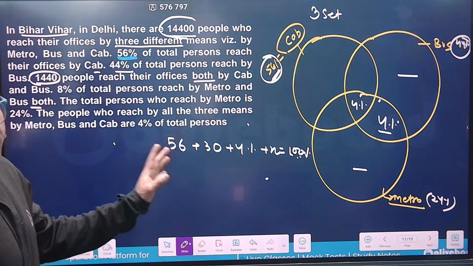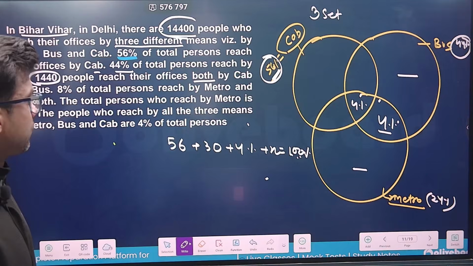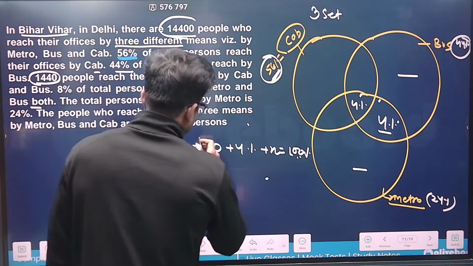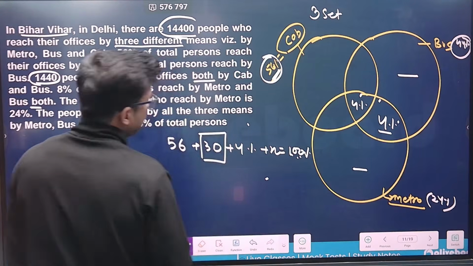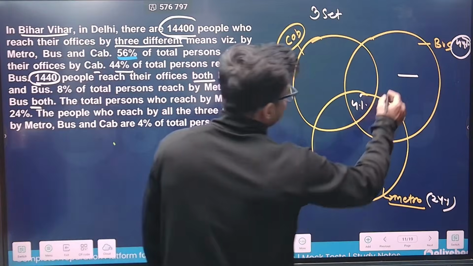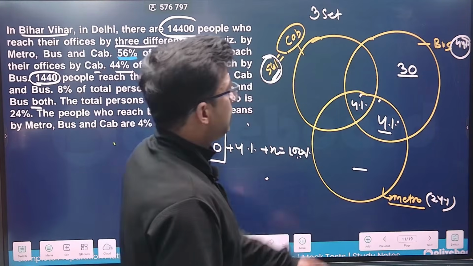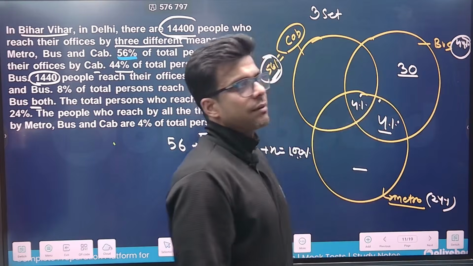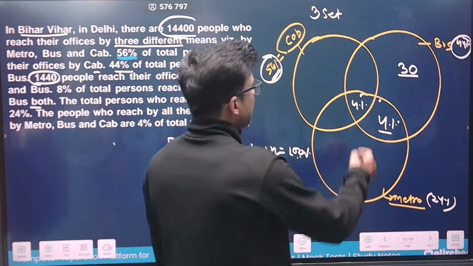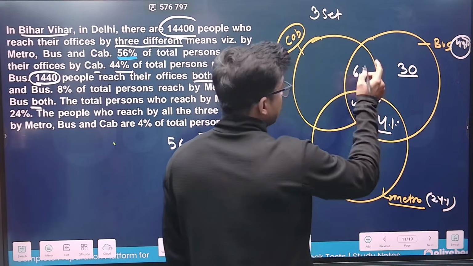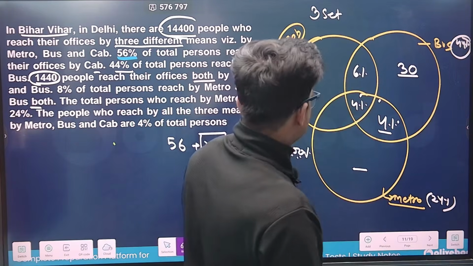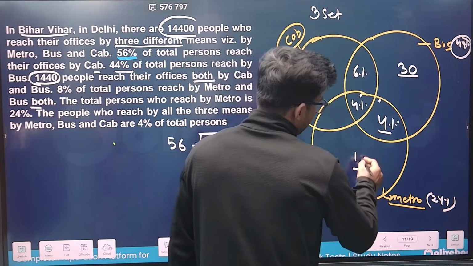This is the first way of solving. The moment I get this 30, I know that this part is 30. If this part is 30, 30 plus 8 becomes 38. Then this part becomes 6%. If this part becomes 6%, then my value of x becomes 10 also.